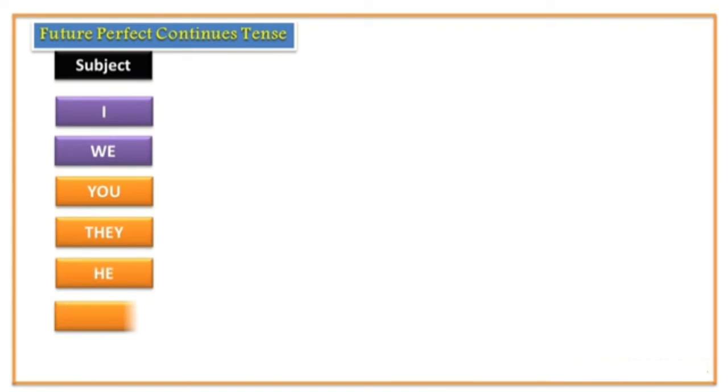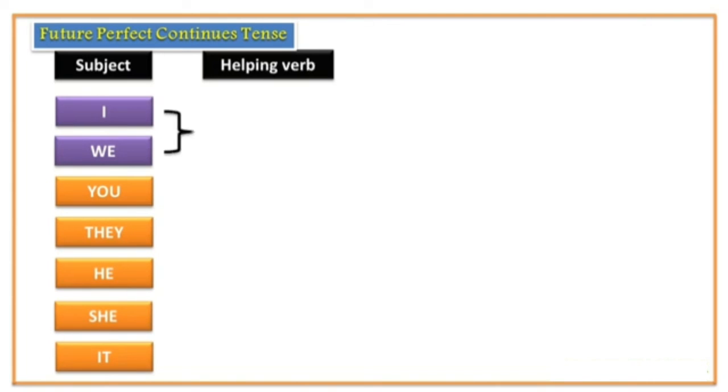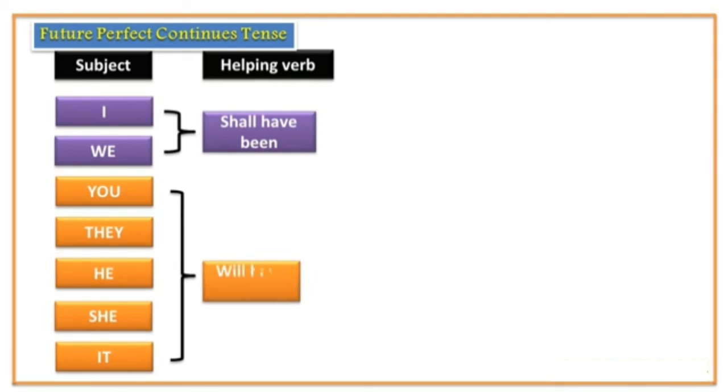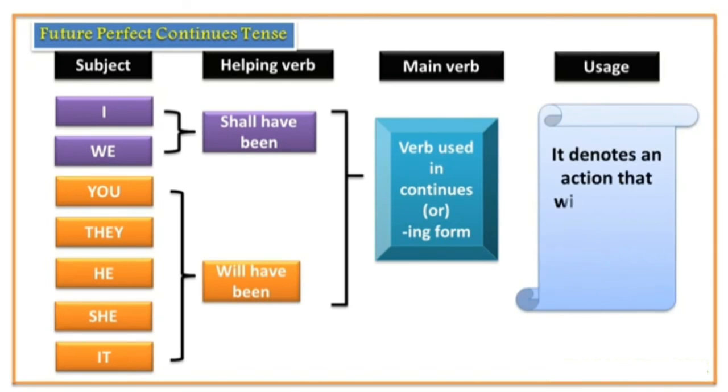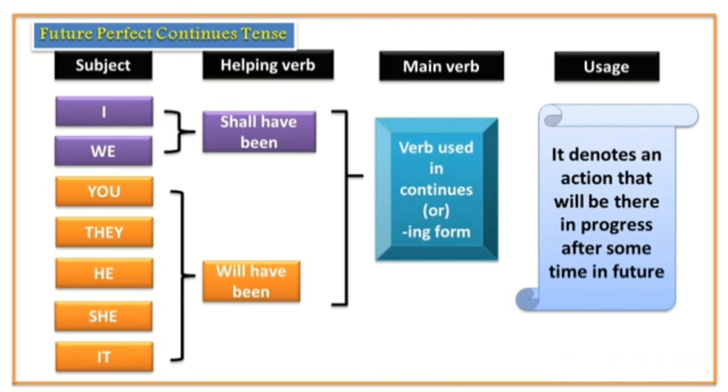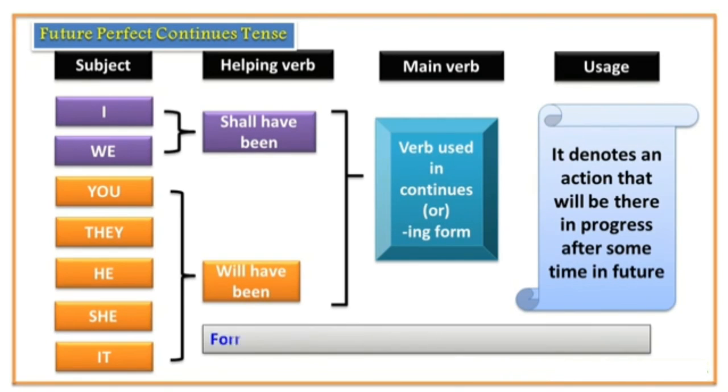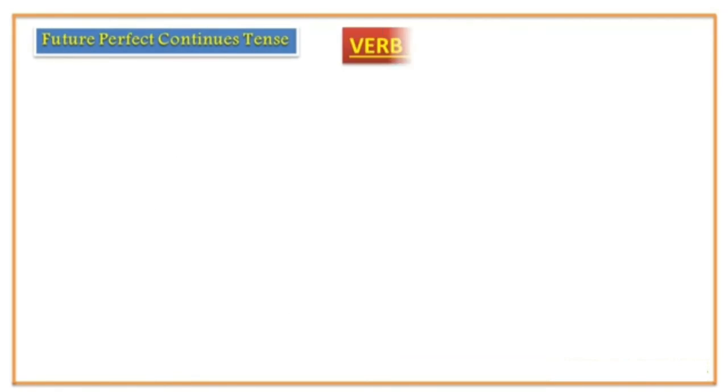The future perfect continuous tense is formed by using shall have been or will have been with the subject and the main verb will end in ing form. Look at the following examples.